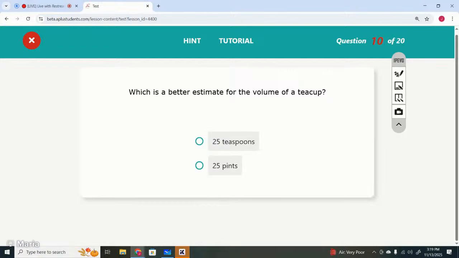Which is a better estimate for the volume of a teacup? The volume of a teacup must be 25 teaspoons.